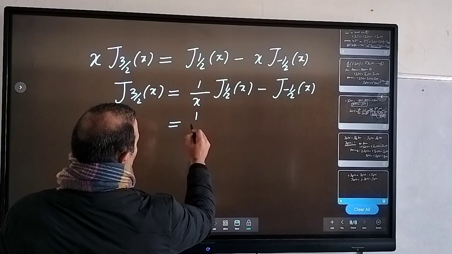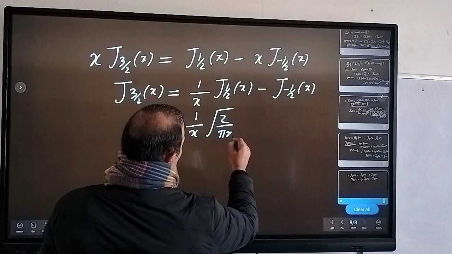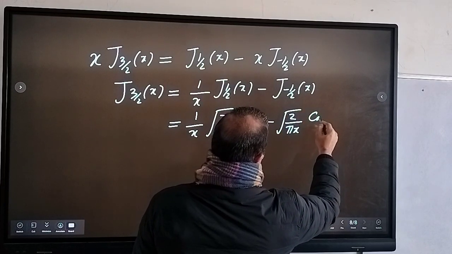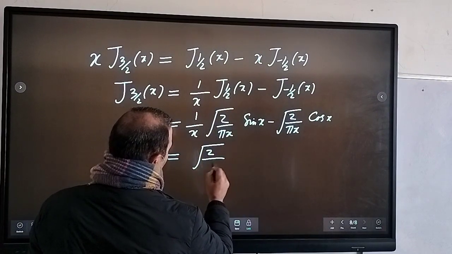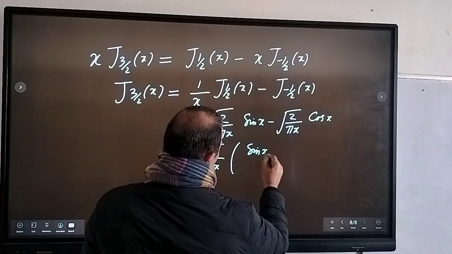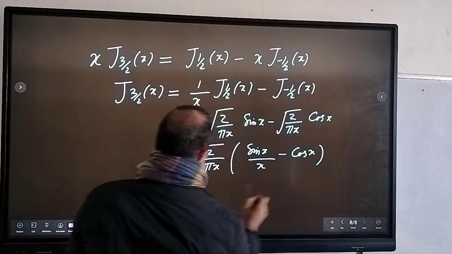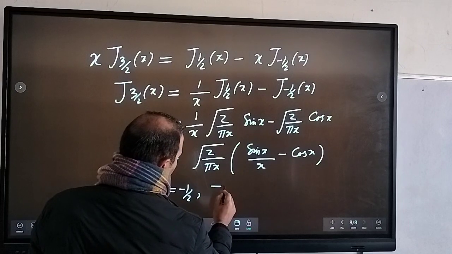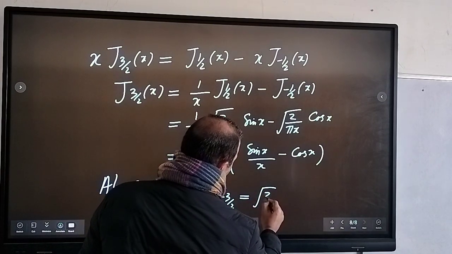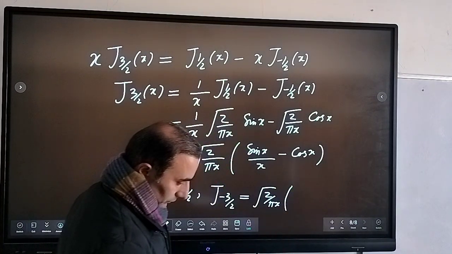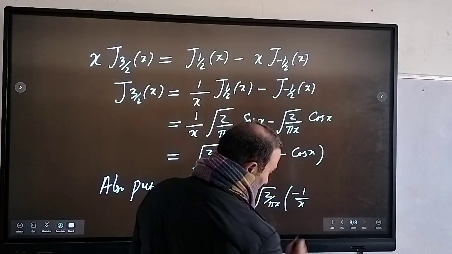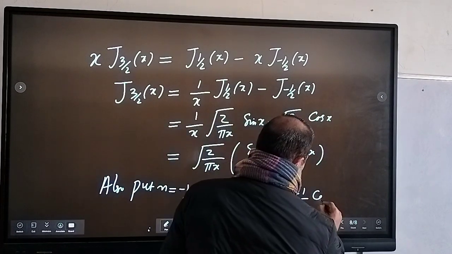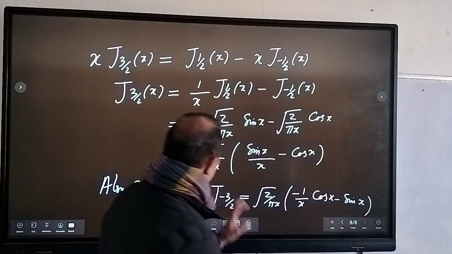So let's rewrite this as, so it will be 1 by x square root of, this will be equal to, so first this is j 3 by 2 of x.